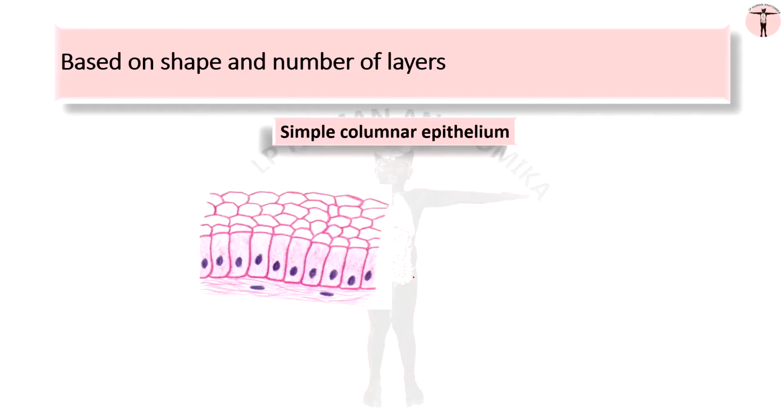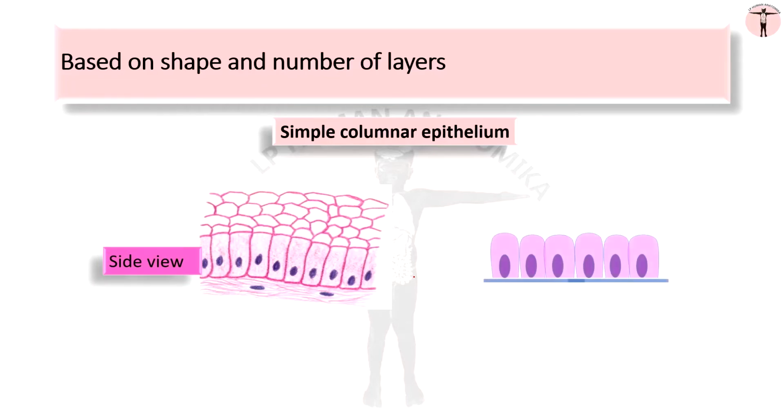Okay, coming to another classification. Simple columnar epithelium. In the side view of the simple columnar epithelium, the height of the cell is greater than the width, as discussed previously, and the nuclei are oval and based in the basal half of the cell.